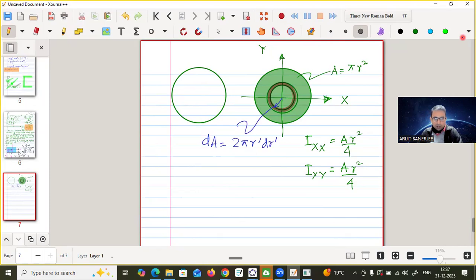So this is the area. Next, what is the definition? About this perpendicular axis, the axis which is perpendicular to xy, that is Izz. What is that?